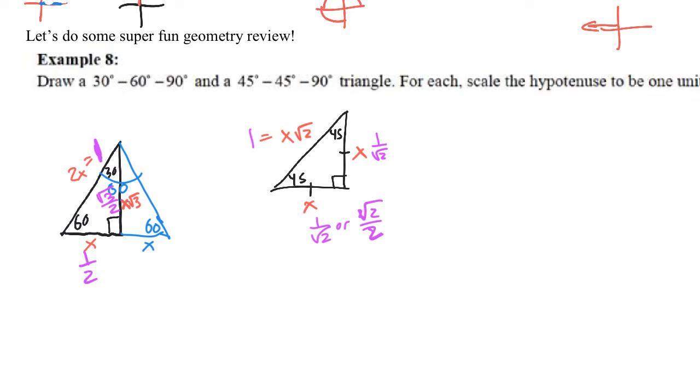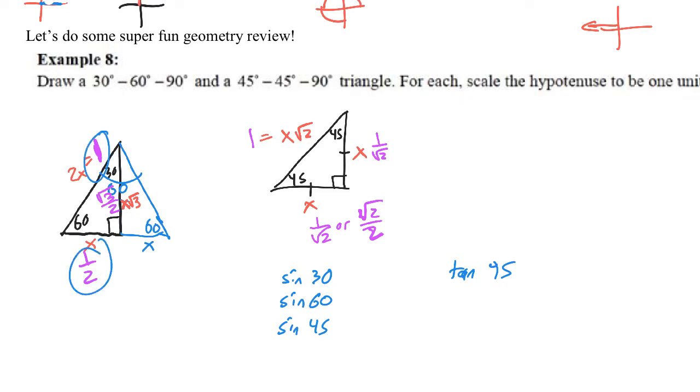And so then the point of all of this, if I want to know what sine of 30 or sine of 60 or sine of 45 or tangent of 45, etc., it should be real easy. If I make the hypotenuse 1, what's sine of 30? Well, sine of 30 is a half over 1, the opposite over the hypotenuse.